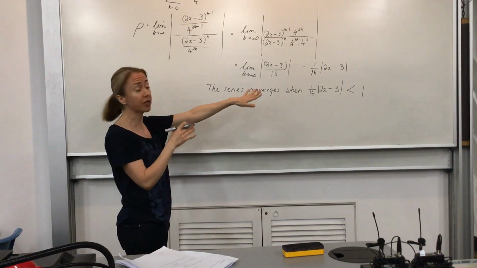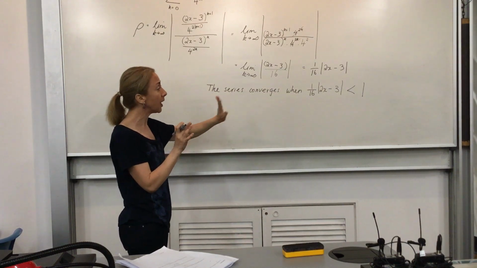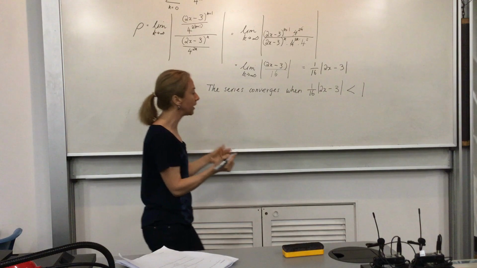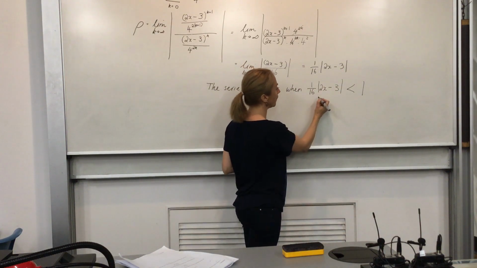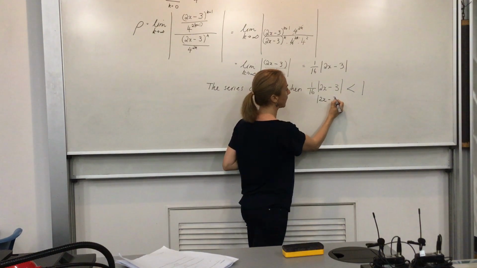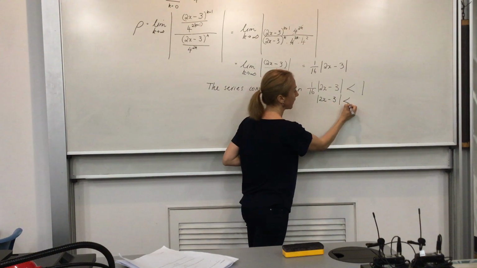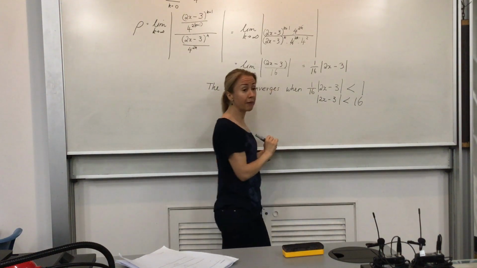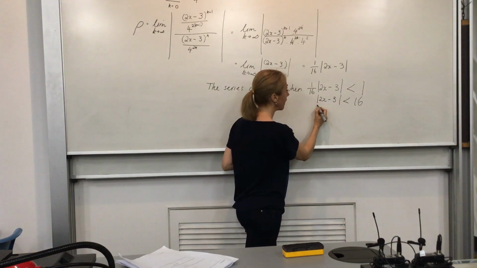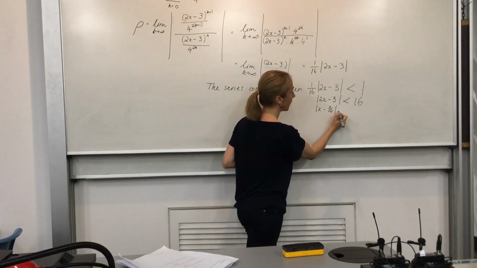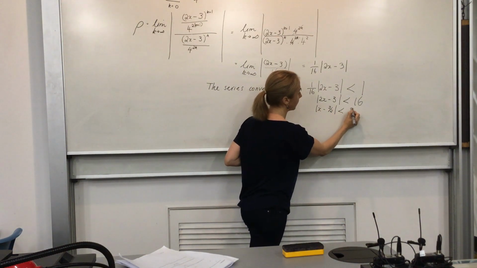Now, for now, let me just massage this expression a little bit, just to enable us to get the interval that we need. So let me take the 16 over to the other side. So in other words, the absolute value of 2x minus 3 must be less than 16. Let me factor out my 2 actually. So the absolute value of x minus 3 on 2 is less than 8.